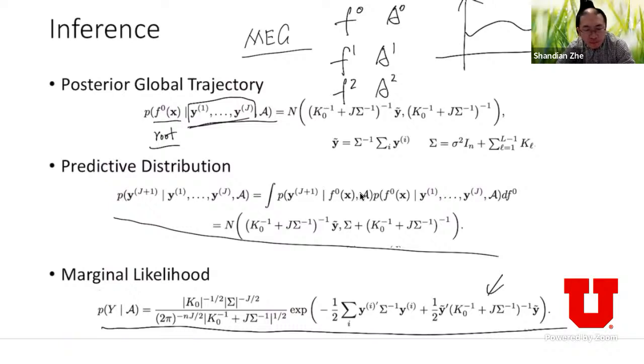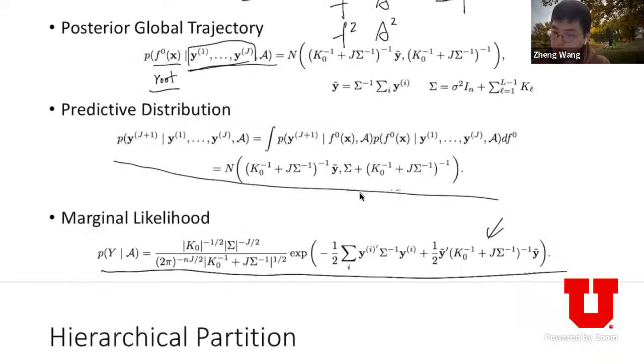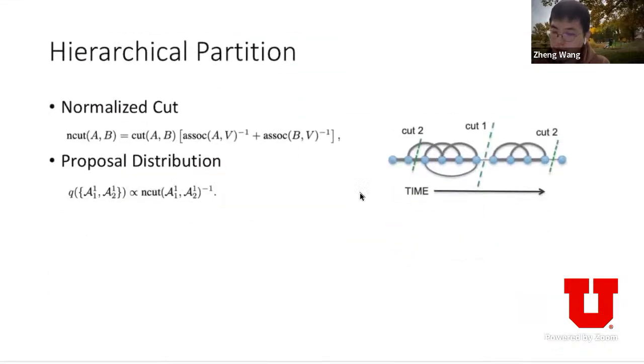And here they just gave how we infer the partition using our observations. They first gave a definition of normalized cut.